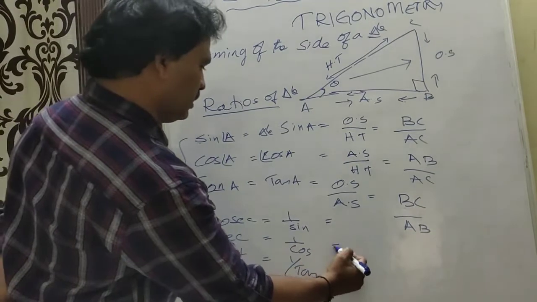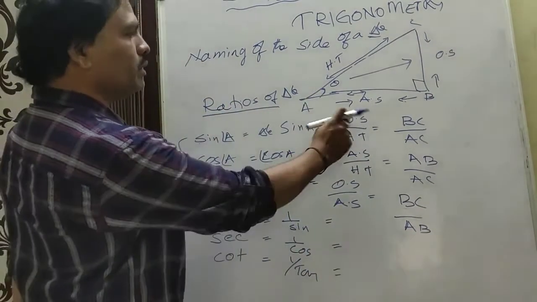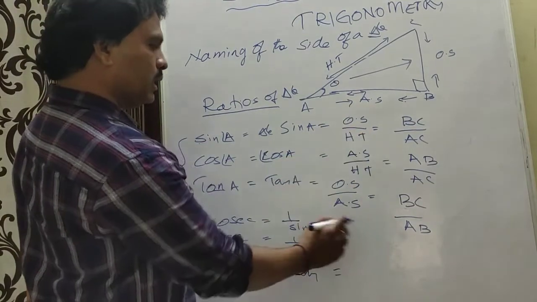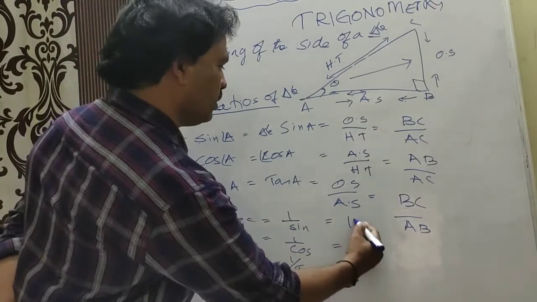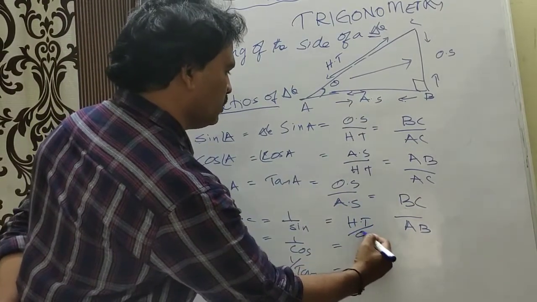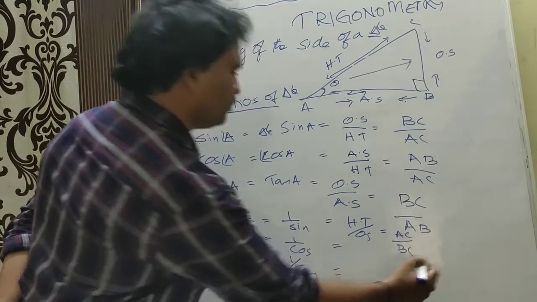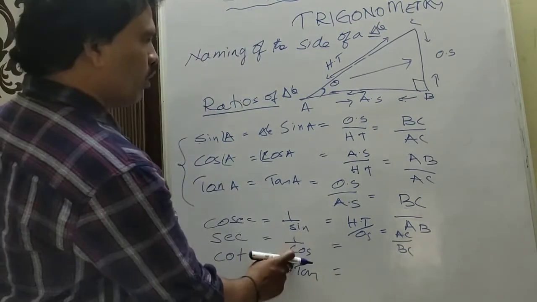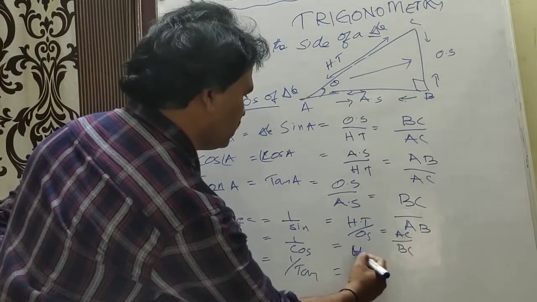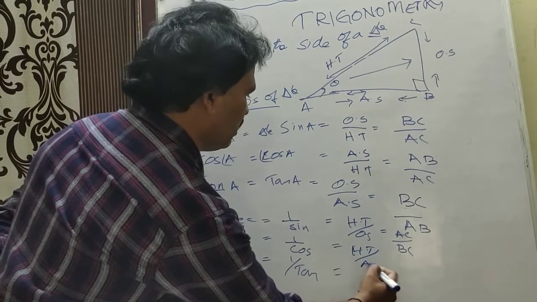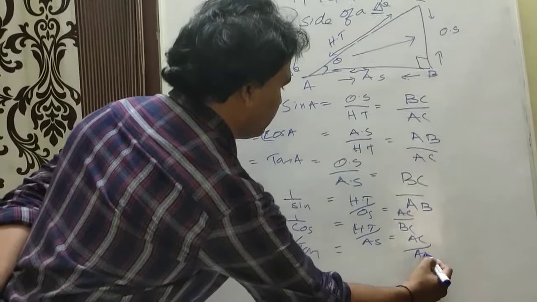So for the remaining three, 1 by sin A means hypotenuse by opposite side, that is AC by BC. Same thing, 1 by cos means hypotenuse by adjacent side, that is AC by AB.